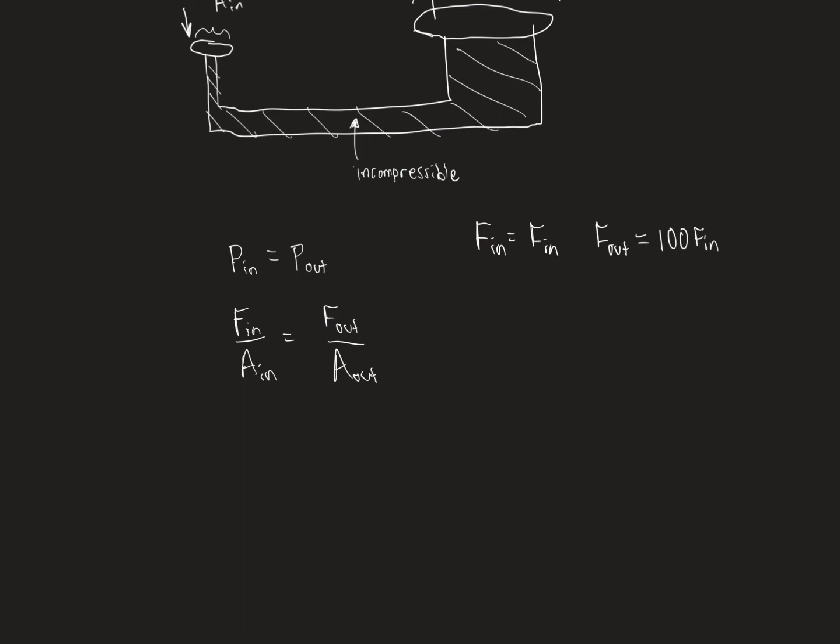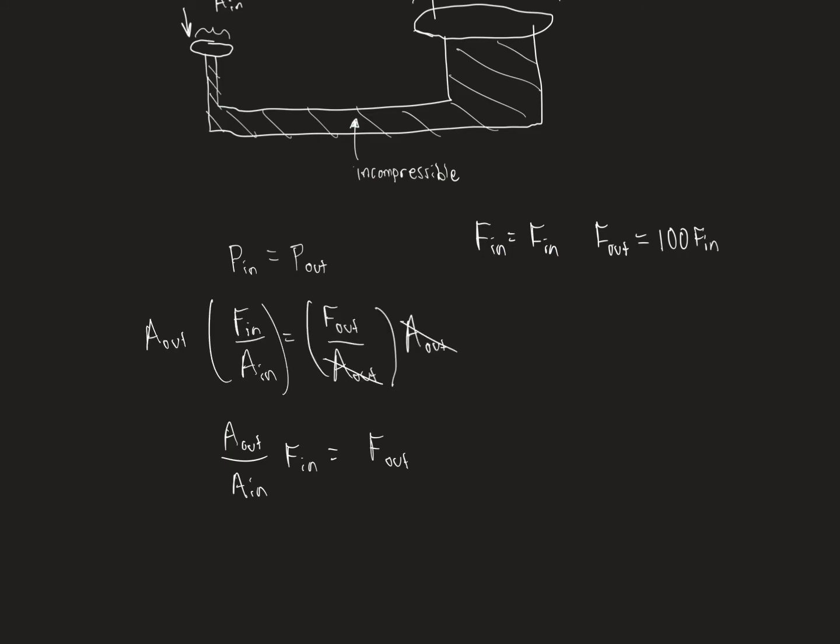Multiply A out to the other side, okay. So I have A out over A in times F in equals F out. So my A outs on the right-hand side cancel out.